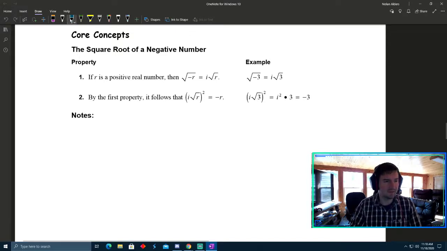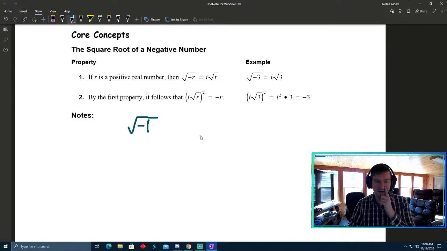So here's kind of our basic understanding of an imaginary number. Imagine you take the square root, and I'm using my mouse to draw this, so I'm sorry guys if it's not up to your standards when it comes to my handwriting. But let's say you take the square root of -1. If you type that into your calculator, it's going to give you an error because we learned a long time ago we can't take the square root of negative numbers, or can we?